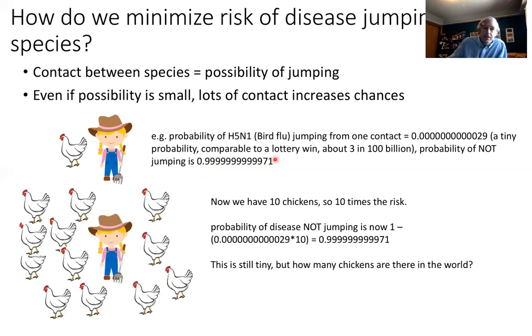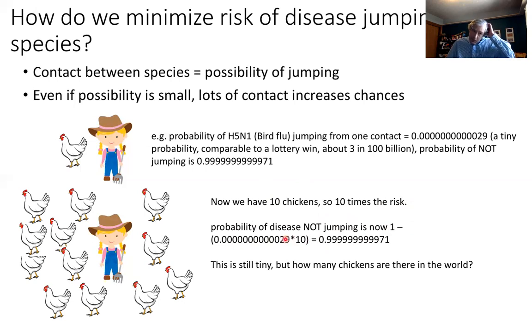But let's have a think about a slightly different farm. Now, rather than having one chicken and one person, we have one person and 10 chickens. Because we have 10 chickens, we have 10 times the risk. So now the probability of the disease not jumping is 1 minus 0.0000000029 times 10, which is still a very low number, but it's 10 times bigger than this one.